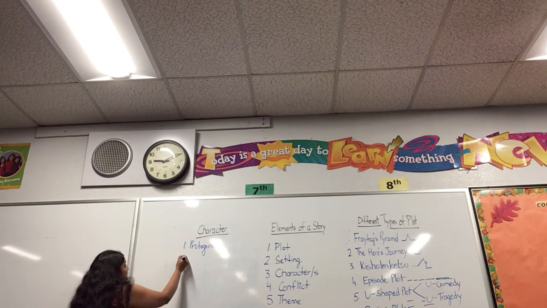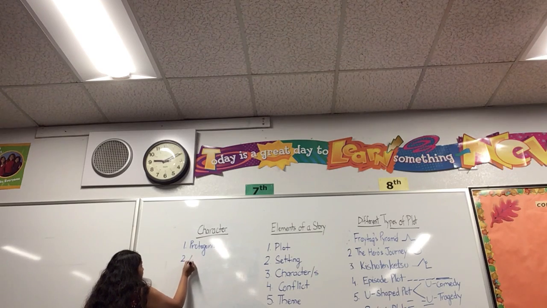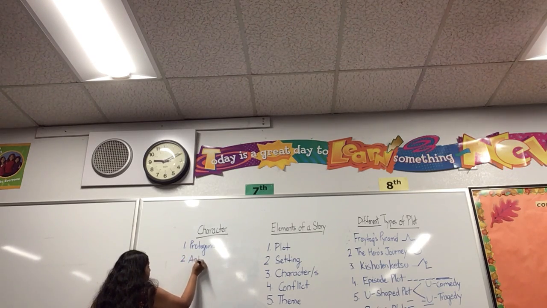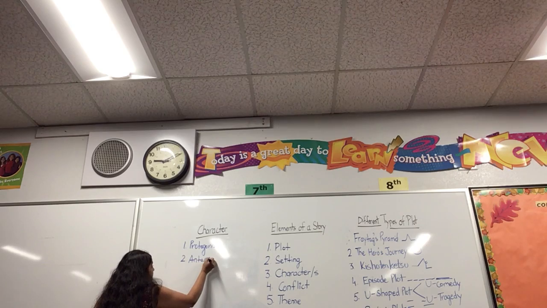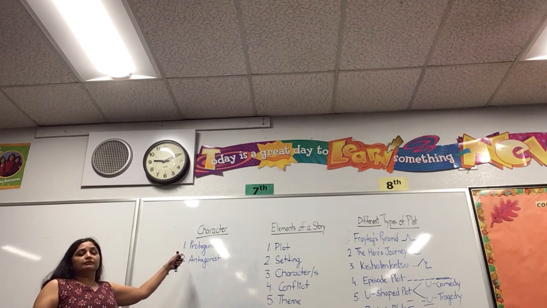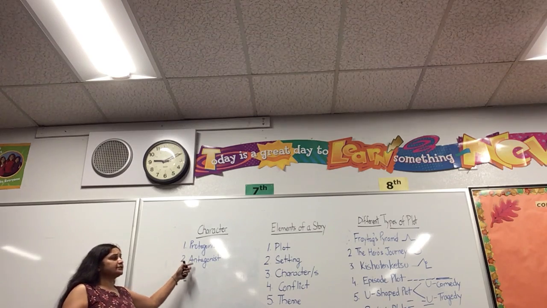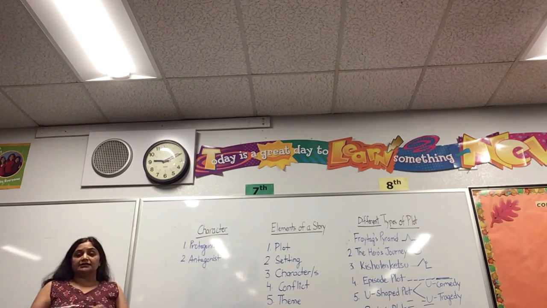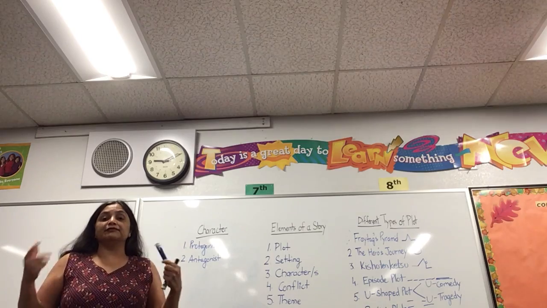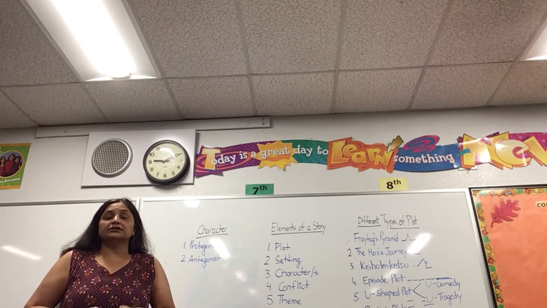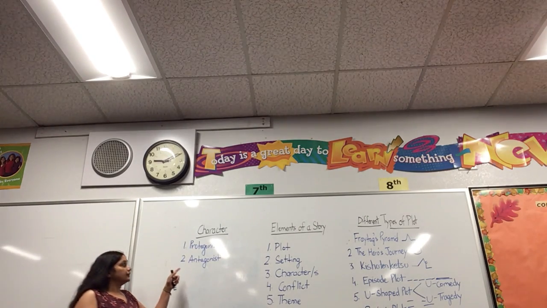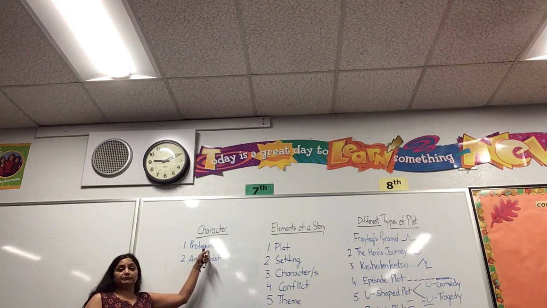And the next is the antagonist. So most of the time the antagonist is against the protagonist. The antagonist is a negative character, right? They always have some issues with the protagonist.